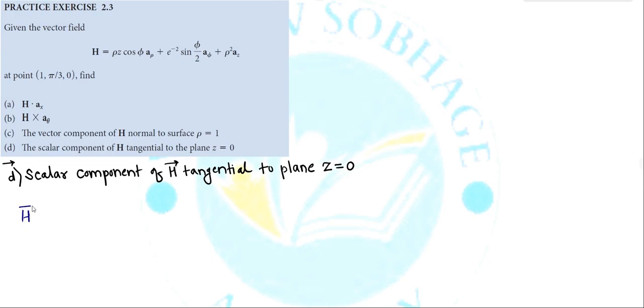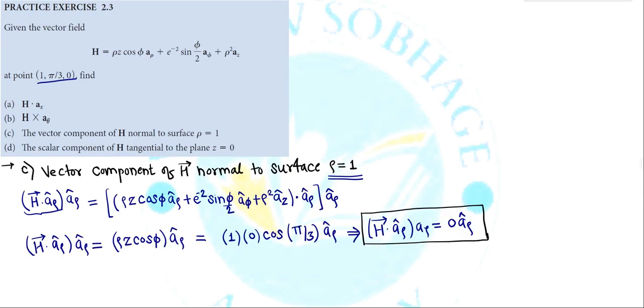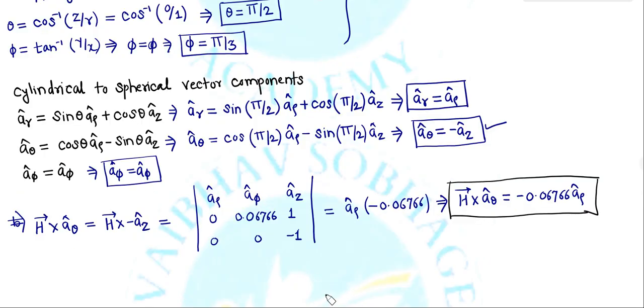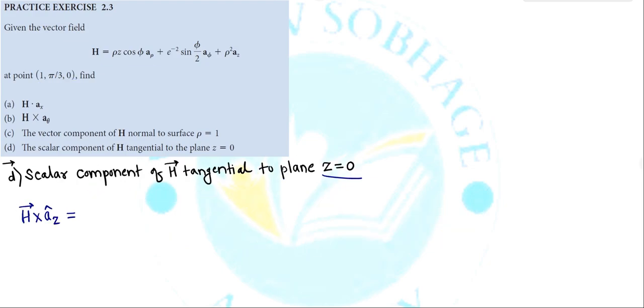So the cross product between your given vector h and the z direction, since we are given this z equals 0 plane. Okay, so this is what we found in our previous slide. Where is that one? Yes, over here we took that cross product between that vector h and minus of az. So here in this case we have that az to be a plus value. Okay, so we are going to rewrite that one.